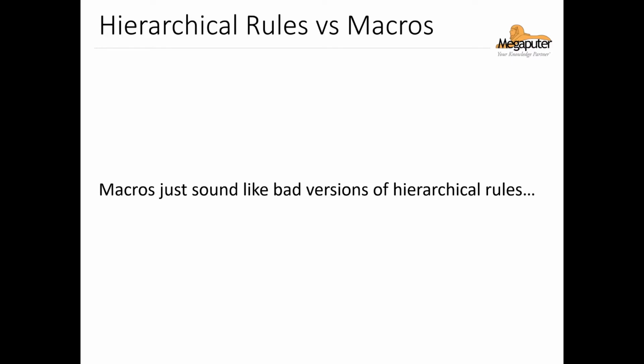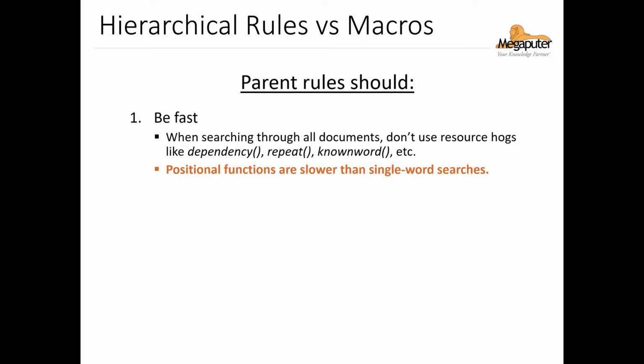Hierarchical rules is just a way of organizing our XPDL, adding filtering, and they act a similar way. We use a named group in a previous parent rule to store some information, and then we call it later. Why not just do a parent rule and a named group to store something we would store in a macro? Why define a macro?